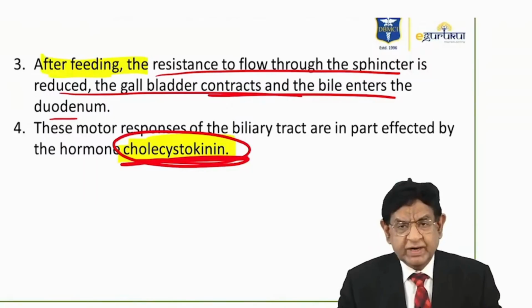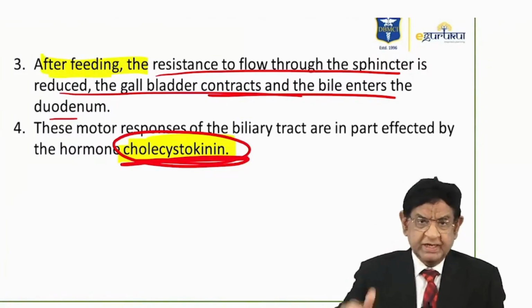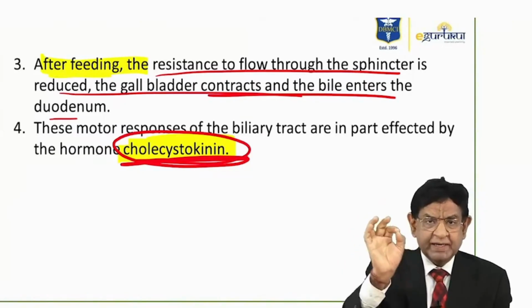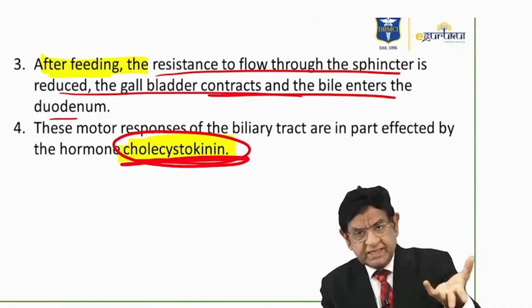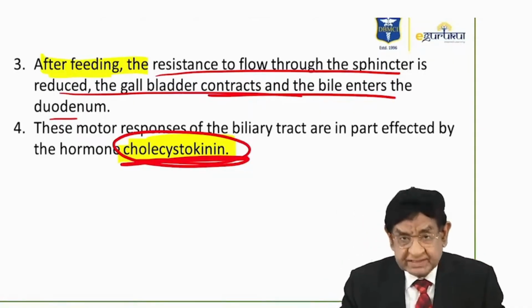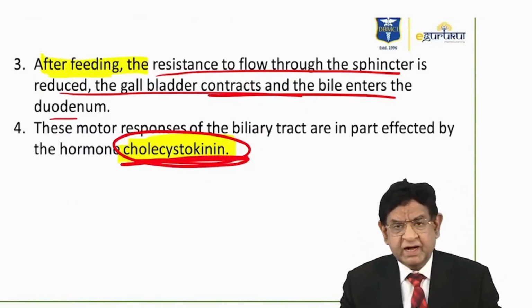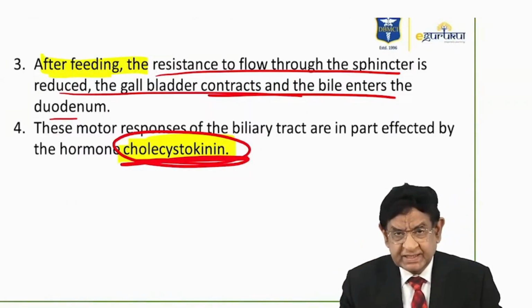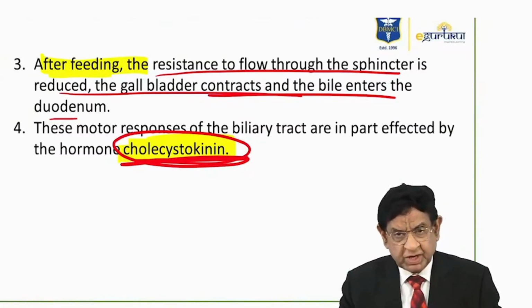So what I have discussed so far in these two slides. Point number one, the gallbladder is a storage site. Point number two, it is distended in the fasting stage. Third, it gets contracted after eating, after meals. Fourth, this contraction is done by cholecystokinin.